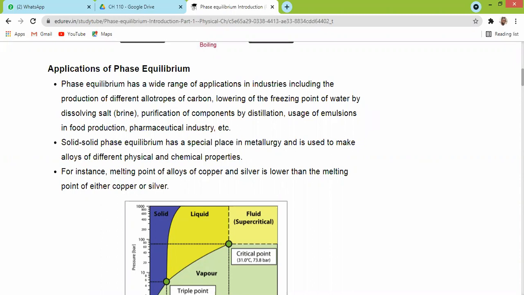And then it is also applied in lowering of the freezing point of water by dissolving salts, which is a brine. This one here, you don't usually look at this application. But if I take you to very cold regions like Canada, these guys actually appreciate this particular application of phase equilibrium. In Canada during winter, and some other cold regions like Russia, you find that roads, most of the times, especially in the night, are covered in ice.